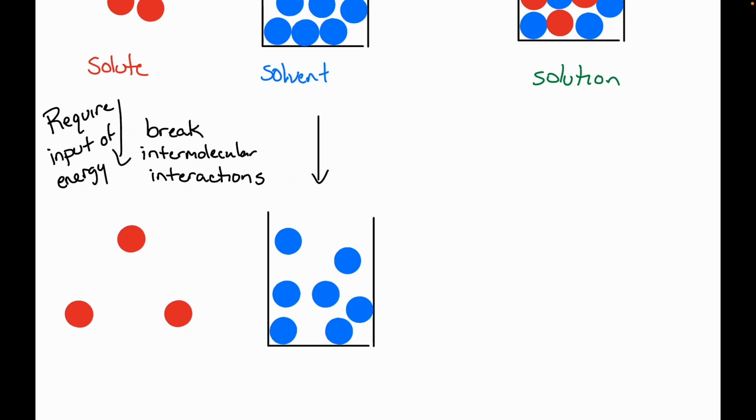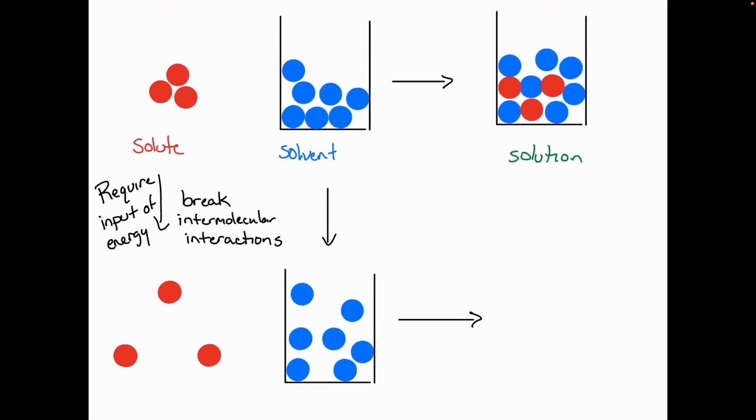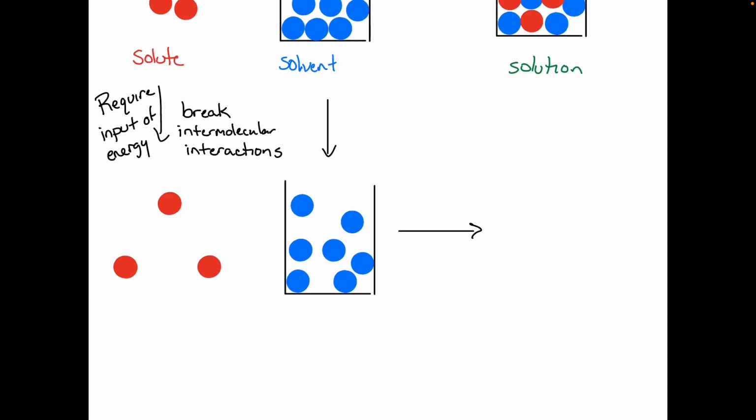But now when I create my solution, right, now I have all these interactions broken. When we create our solution, now we're forming new intermolecular interactions. Right? So now I'm going to stick those solute molecules in between two solvents, and they're going to form new intermolecular interactions.